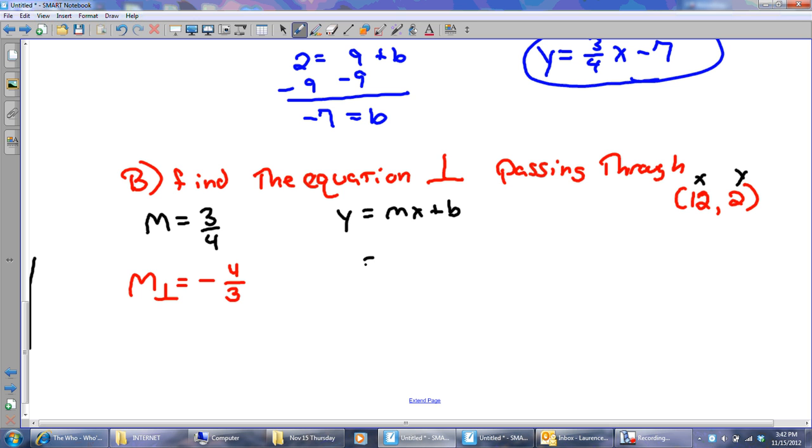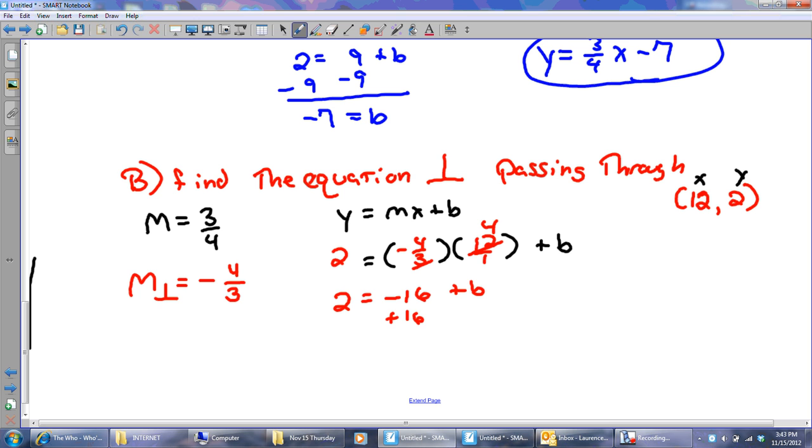I'm going to fill in for m, x, and y. So I'll get 2 equals negative 4/3 times 12 over 1. And when I do that, I'll get 2 equals, 3 is going to go into 12 4 times, looks like I'm going to get negative 16 plus b.